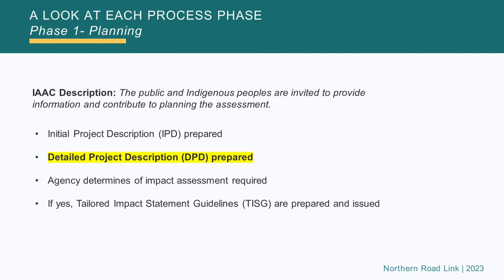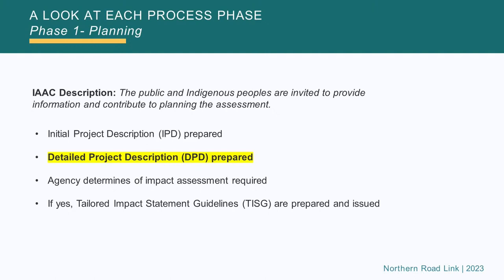And then we'll get into the details associated with that, but then there's a detailed project description, which has, as you can tell by the name, a lot more detail associated with it, more information to help the regulators and IAC do that review and be able to decide whether an impact assessment is required or not.